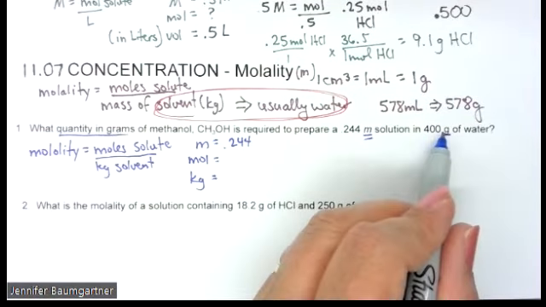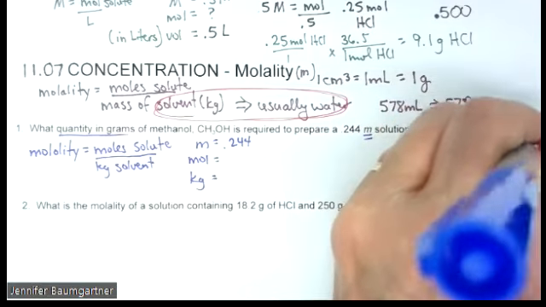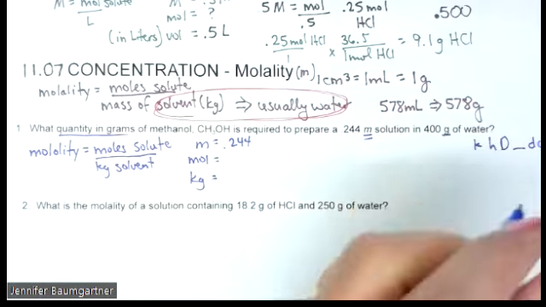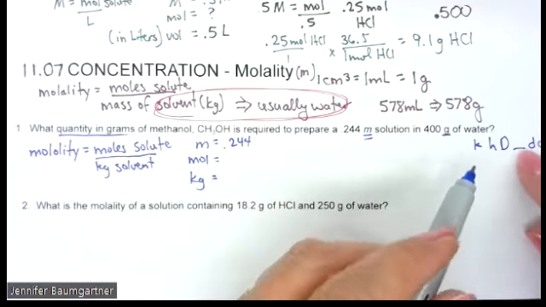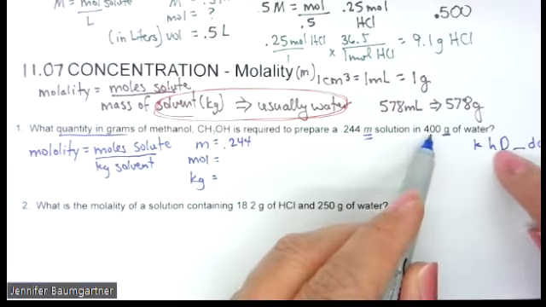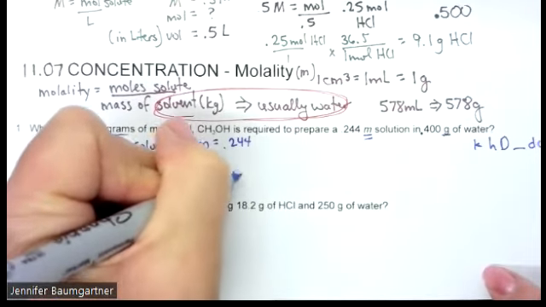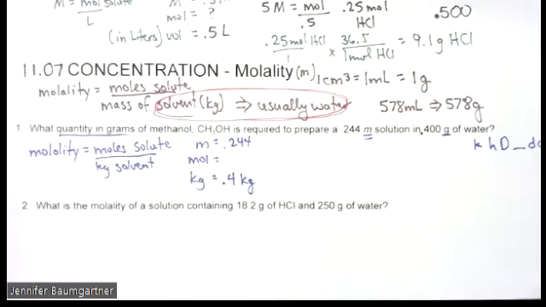If you remember, I had kilo, hecta, deca, base, deci, centi, milli. I'm starting here, and I want to go to kilo, so I'm going 1, 2, 3. So this becomes 0.4 kilograms.